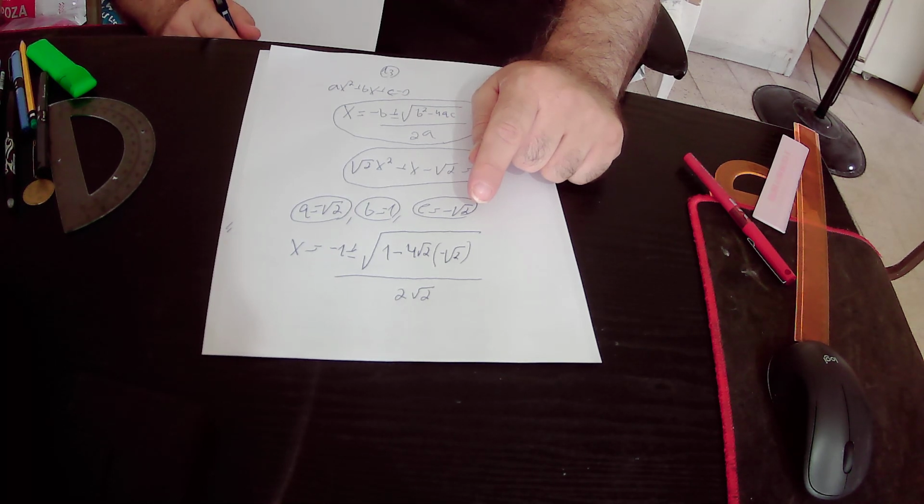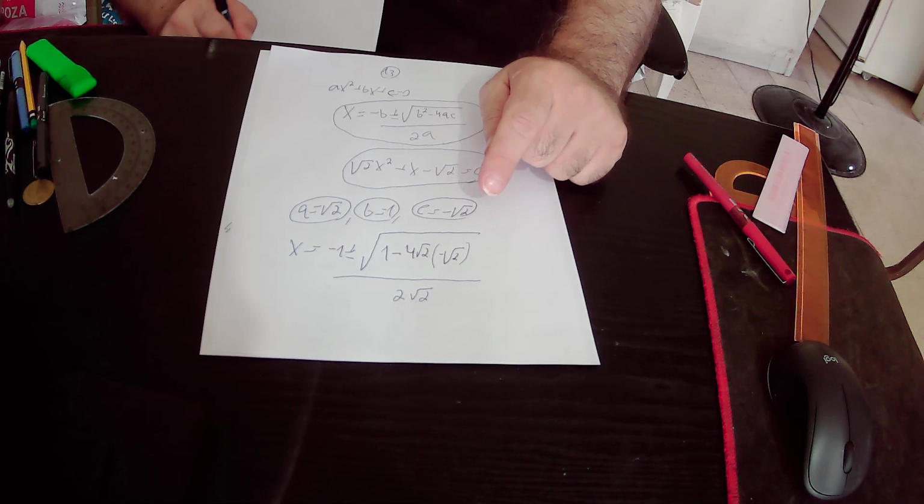So in the root we are left only with 9, over 2a which is 2 times root 2.